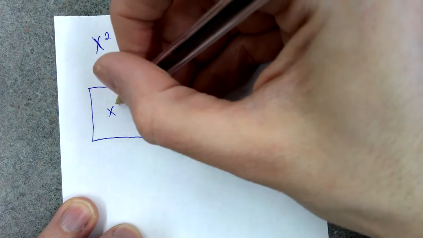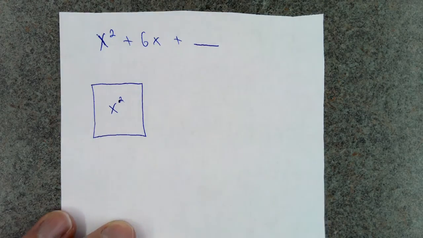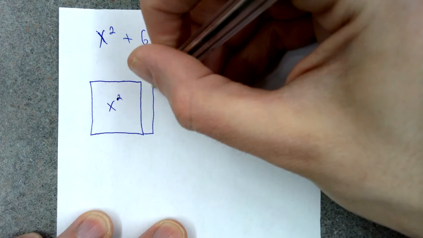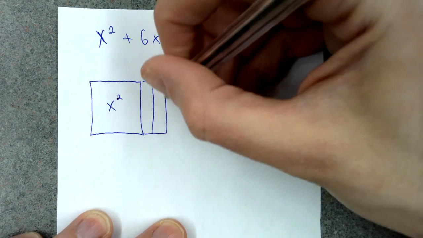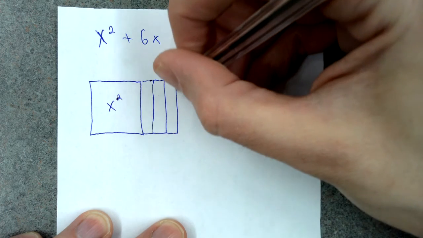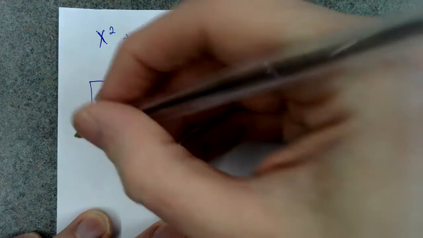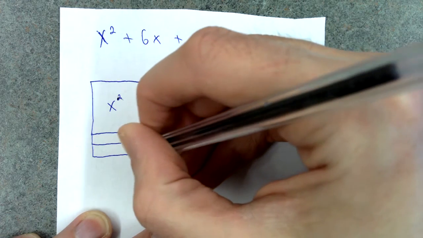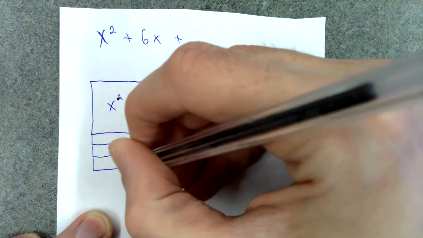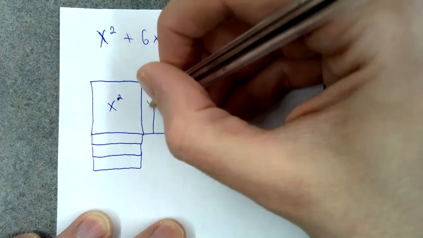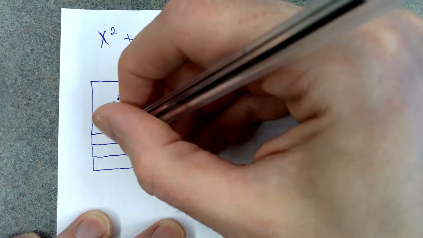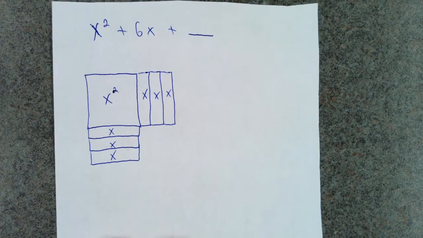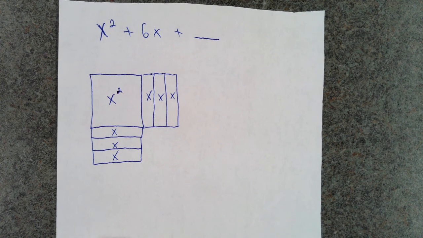Let's say this is x squared, and we add 6 x's to it. That's an x, that's an x, that's an x, x, x, x. The question is, what do I have to add to make a perfect square?